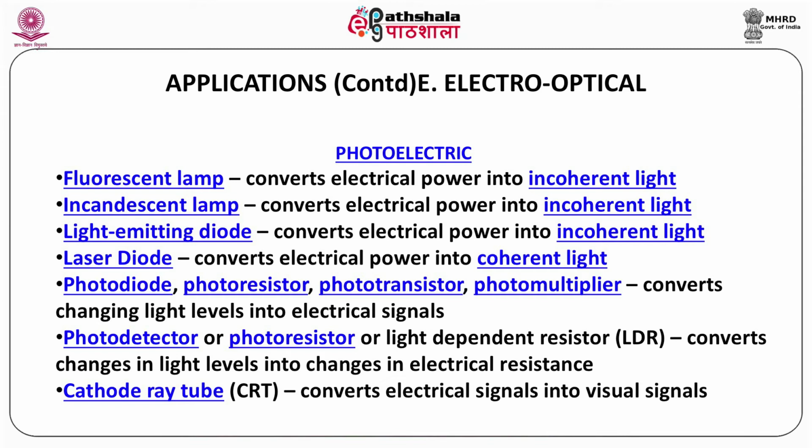The photodetector or photoresistor or light dependent resistor, LDR, converts changes in light levels into changes in electrical resistance. Detector does not tell you much, but photoresistor is self-explanatory about the property on which it works.